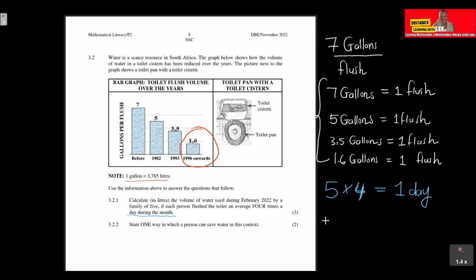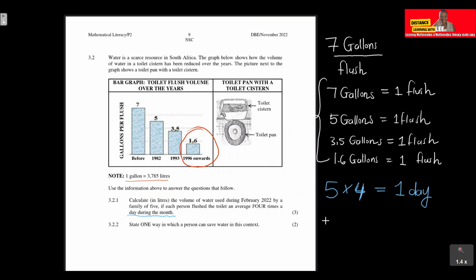Because this paper was written in 2022, the learners of 2022 knew what the last day of the month for February was. The last day of February was the 28th. You guys do remember that February is one of those months that sometimes has 28 days and sometimes has 29 days.